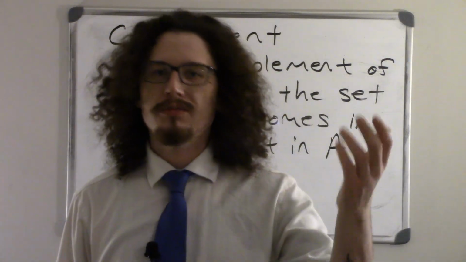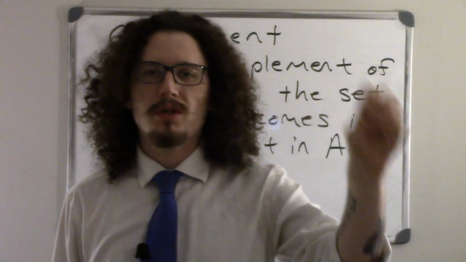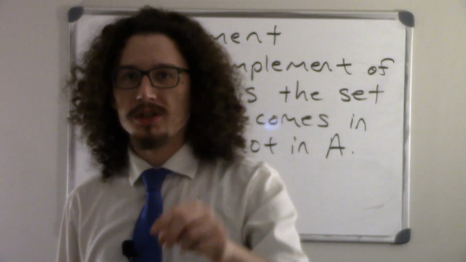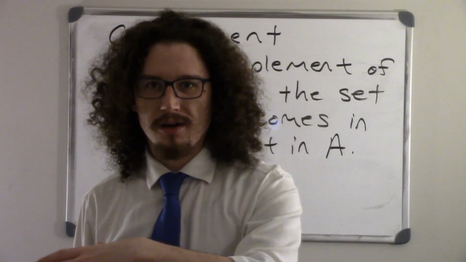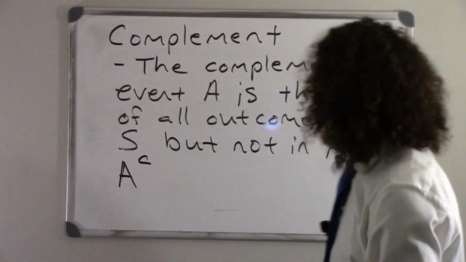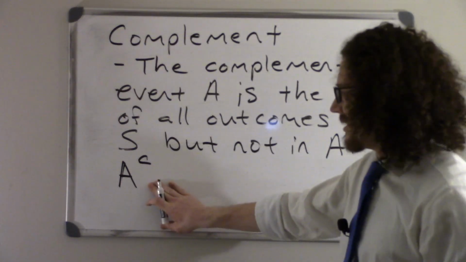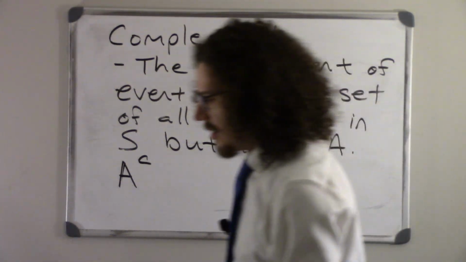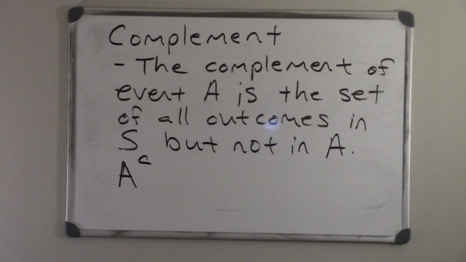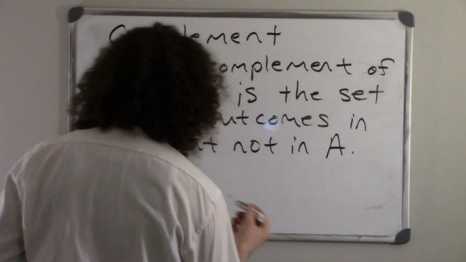You could say, what's the probability of no red cards? Or you could say, what's the probability of drawing a black card? So there are going to be opposites for that, and we're not going to see this type of notation that often.